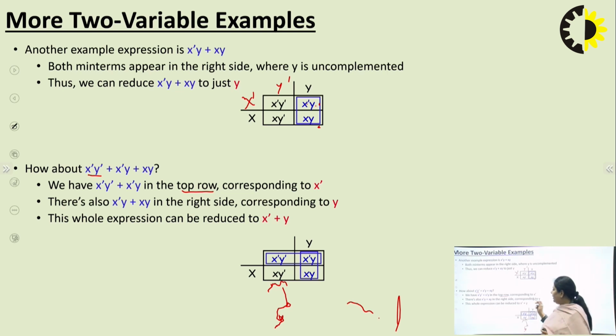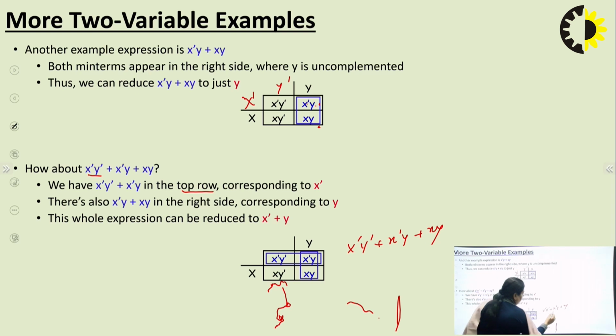How can this whole expression be reduced? See, x dash y dash plus x dash y plus xy. Now see how we will reduce. From this we take x dash common: x dash times y dash plus y, plus xy.